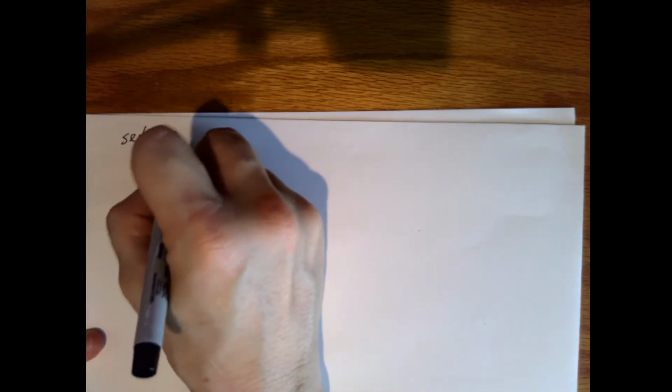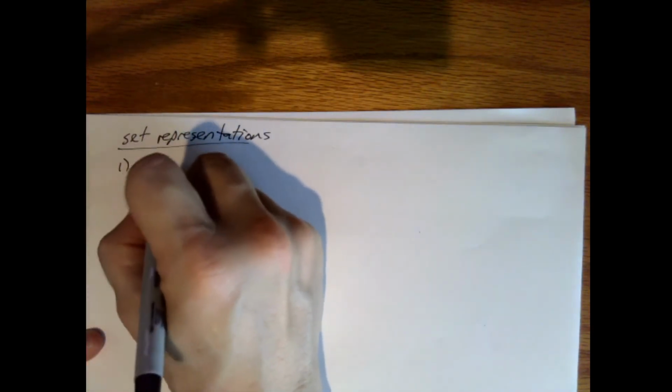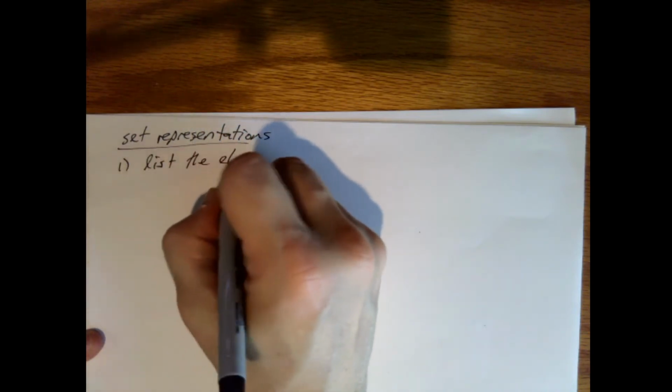We just saw one way. So let's say set representations. So one way would be to list the elements, or as much as you can. So we might have something like this.